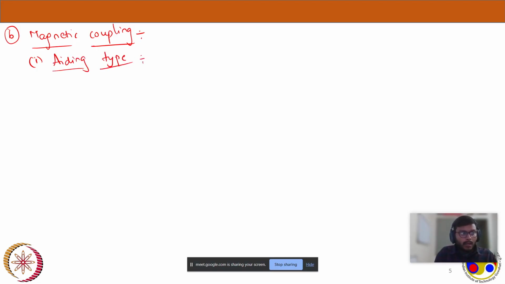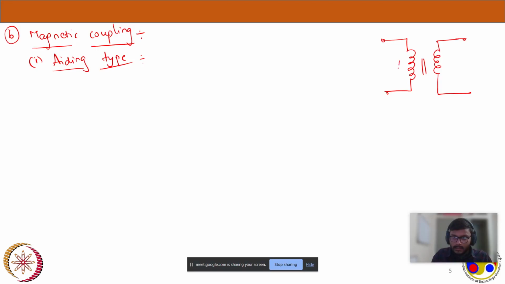Aiding type. Now let's first draw how a magnetic coupled circuit will look. There should not be any electrical connection, right? Physical connection should not be there. Let's consider a general transformer circuit where we will see a magnetic coupling but not any electrical or physical connection.